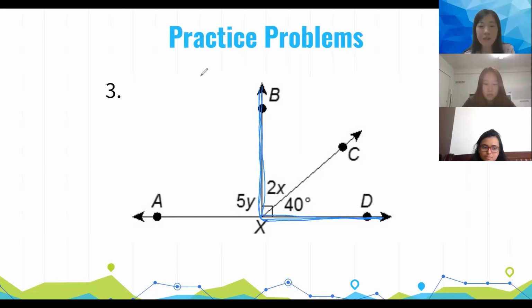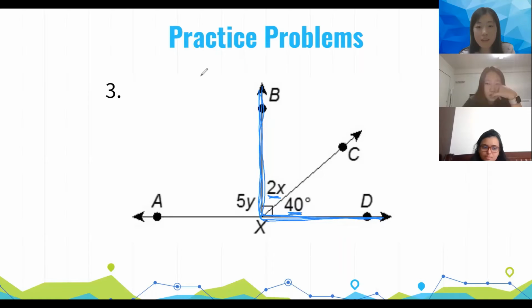How do I solve for x over here? Over in the angle BXD, the one I drew a blue line. So we know these two numbers add up to 90, right?